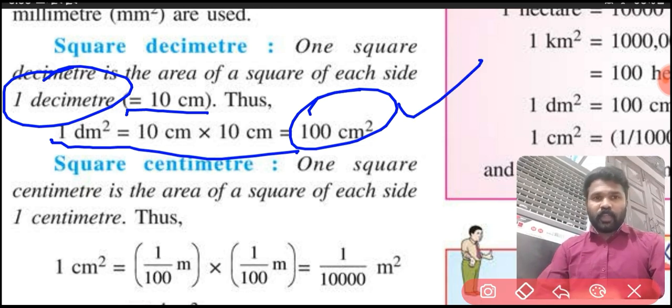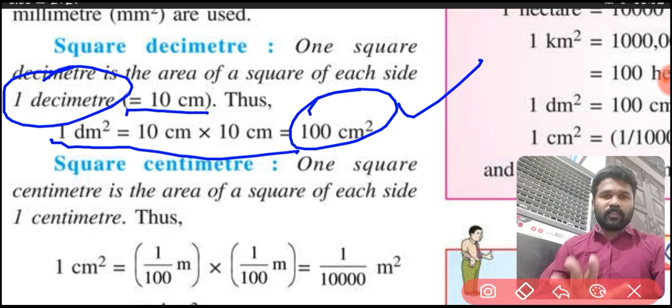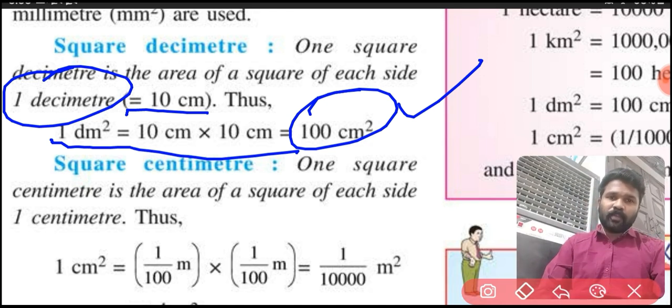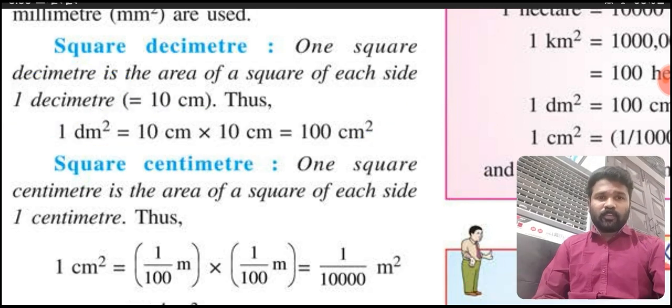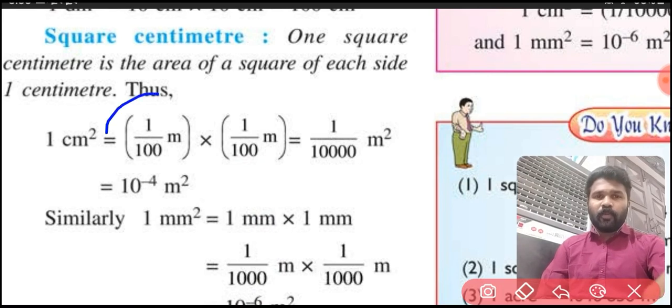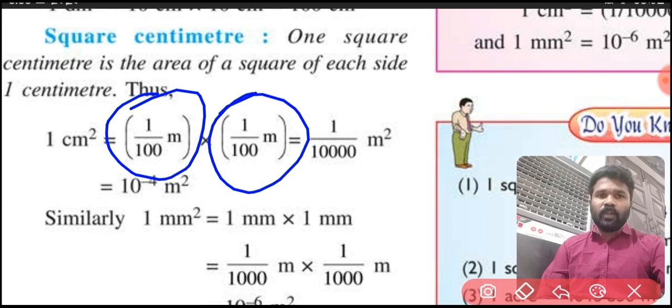Now square centimeter is the same, only the difference is that instead of decimeter we have centimeter. 1 square centimeter is the area of a square of each side 1 centimeter. Then 1 centimeter square is equal to 1 upon 100 meter into 1 upon 100 meter, that is equal to 1 upon 10,000 meter square.